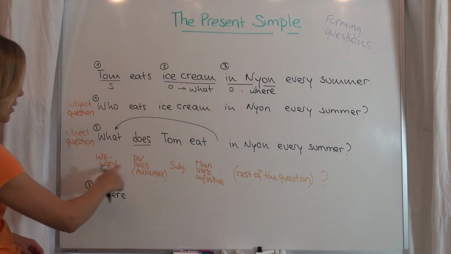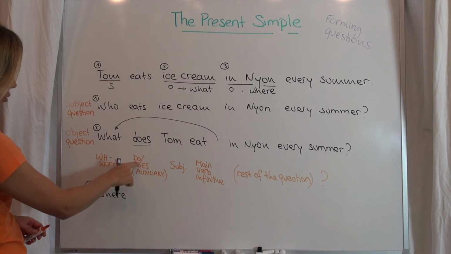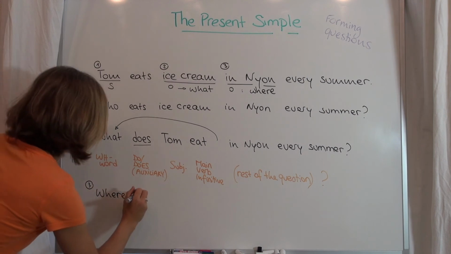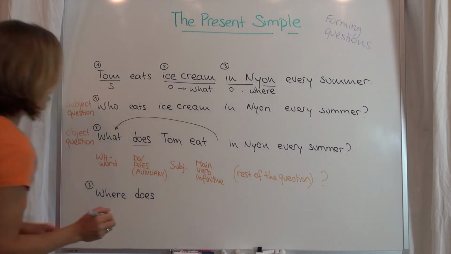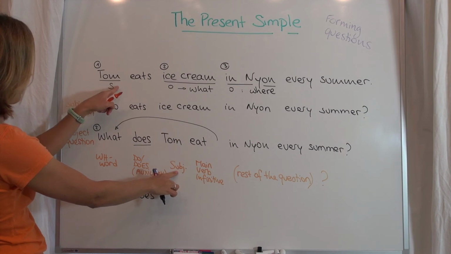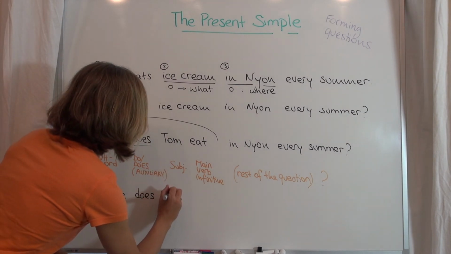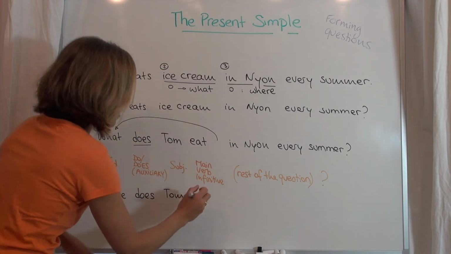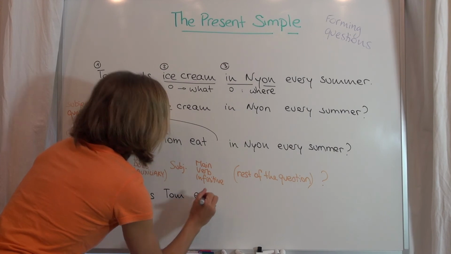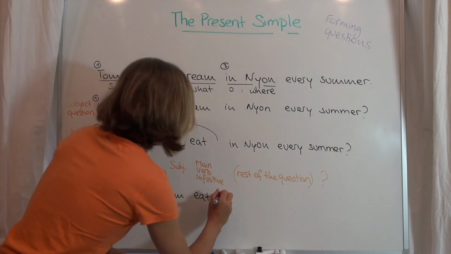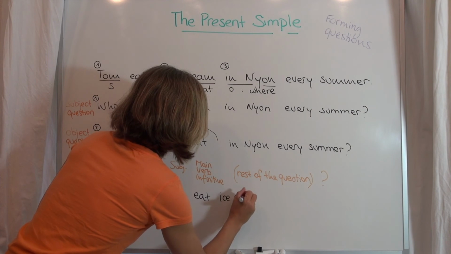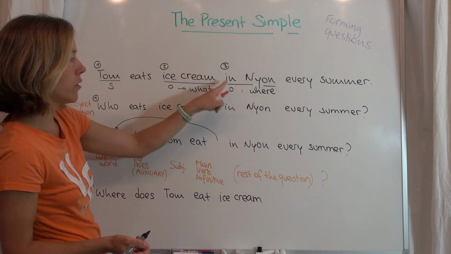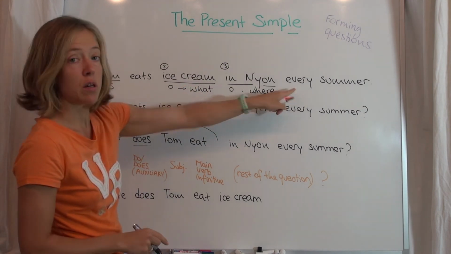We move it to the beginning. And then let's see. You need do or does. So we're still talking about Tom. Does. Where does? Then the subject. That subject is Tom. Where does Tom? Then the main verb, still eat, in the infinitive. Where does Tom eat? Then ice cream we know, so ice cream. And then we want that where we have it here, and we have every summer left.